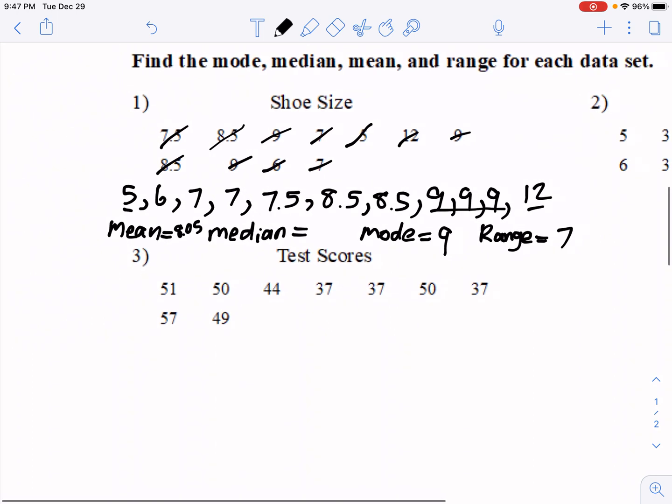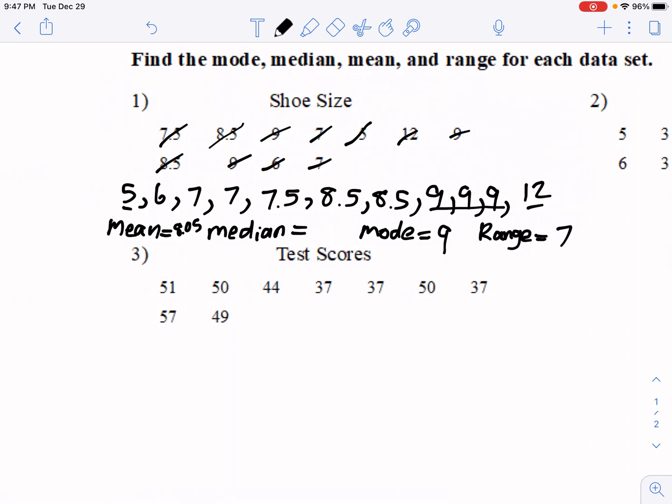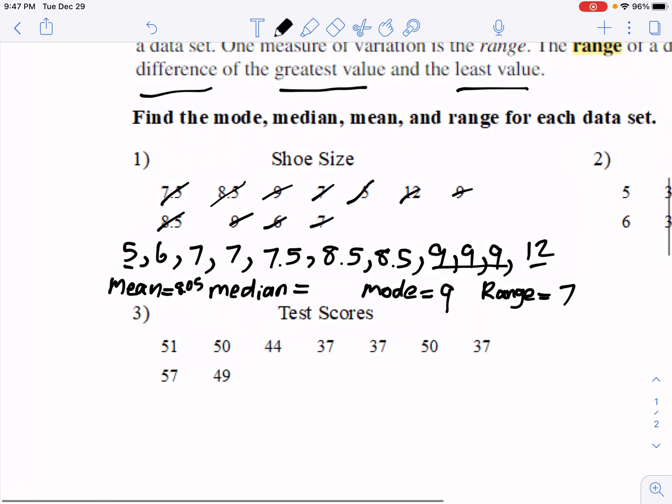Now the median, there's a couple different ways we can do this. I just want to show you what would be the typical way and then maybe with an equation. Now since it's an odd number set, we should only have one number in the middle. Again, if we had two numbers, let's say like 4 and 5, those ended up being the middle numbers, then we'd have to add those two numbers together and divide by 2.